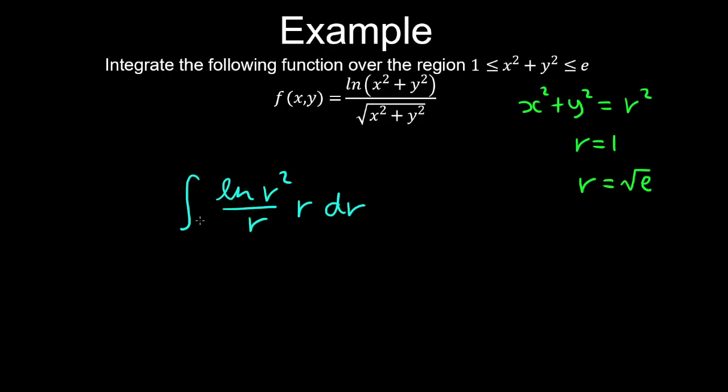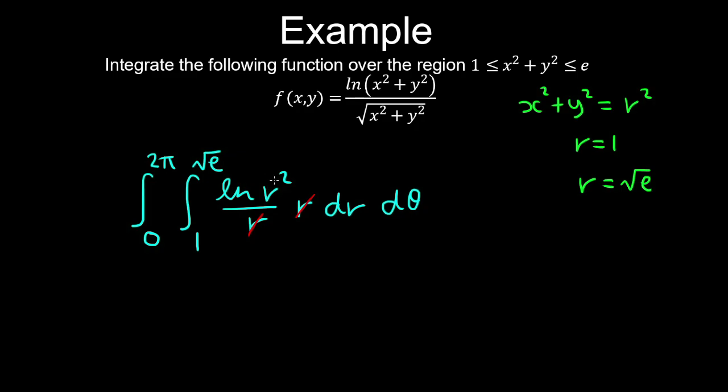And we're integrating from r equals 1 to root e. And then we integrate the result with respect to theta. So here we have two concentric circles. So the area of the region between them is obtained by integrating from theta equals 0 to 2 pi. So noting these r's cancel.